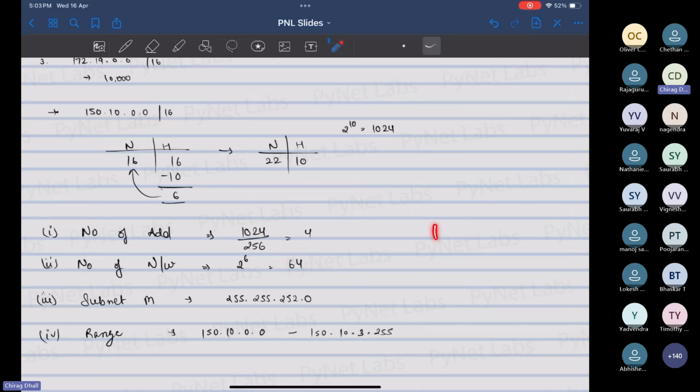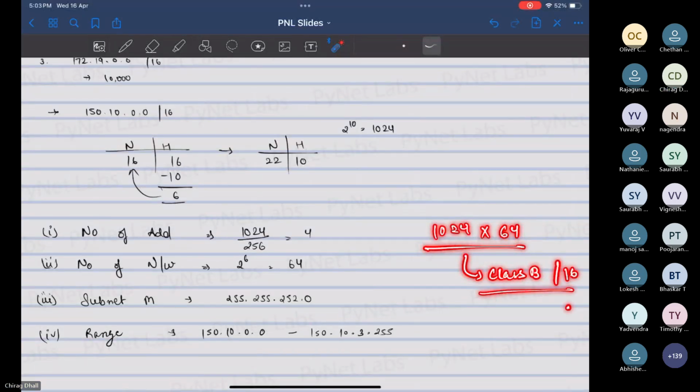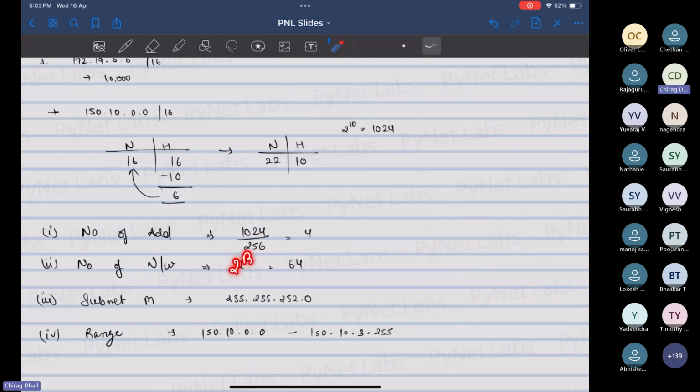That means 1024 addresses can be used 64 times if I am given a class B/16 network. Make sense? We can calculate that by 2 raised to the power borrowed bits. How many bits were borrowed? 6 bits. So I said 2 raised to the power 6, 64.